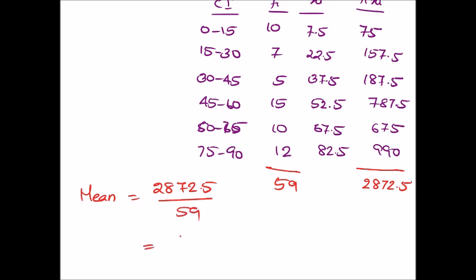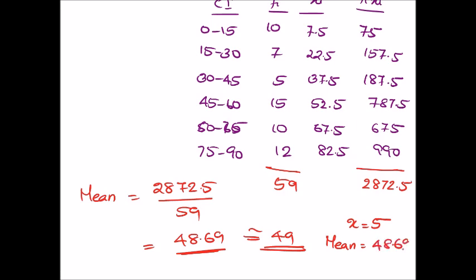That is approximately 48.69, or we can write 49. So this is the value of the mean. Hence the final answers are x is equal to 5 and mean is equal to 48.69. These are the final answers.